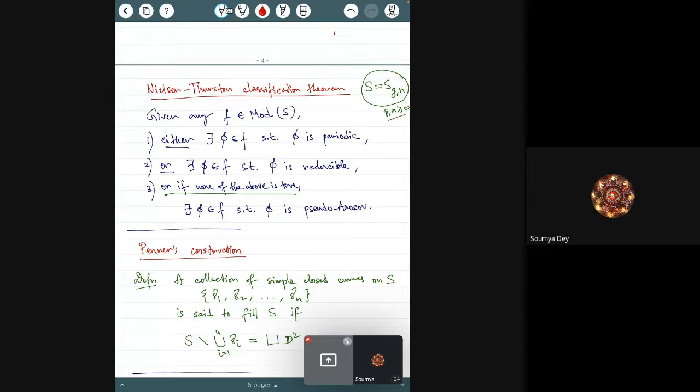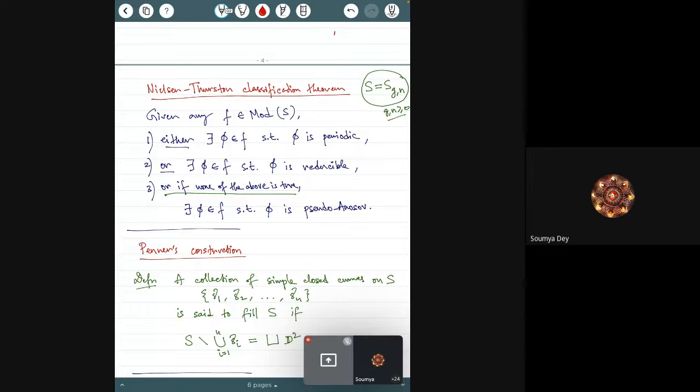And the third possibility is if none of the above is true, then there exists some phi in your mapping class F such that phi is pseudo-Anosov. So there are three possibilities: periodic, reducible, and pseudo-Anosov.